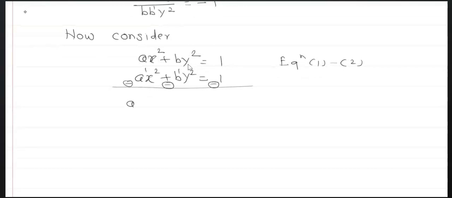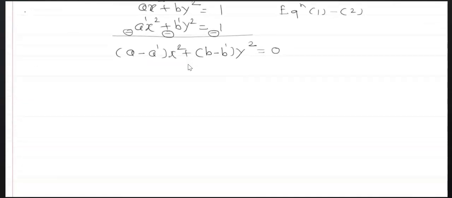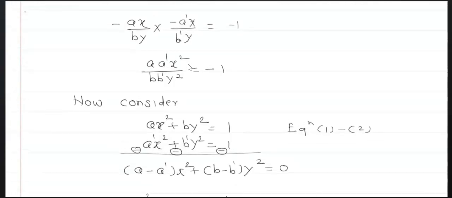If we subtract, then we will get a minus a dash into x square plus b minus b dash into y square is equals to 0. x square upon y square is equals to minus in bracket b minus b dash upon a minus a dash.